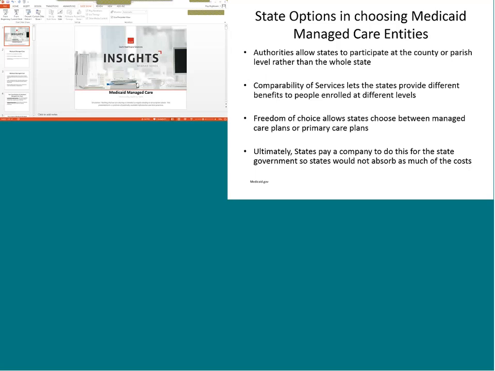The comparability of services lets the states provide different benefits to people enrolled at different levels. This is very similar to the Canadian system in that people in the tundra typically don't receive care in a timely fashion like those in somewhere like Toronto or Quebec.